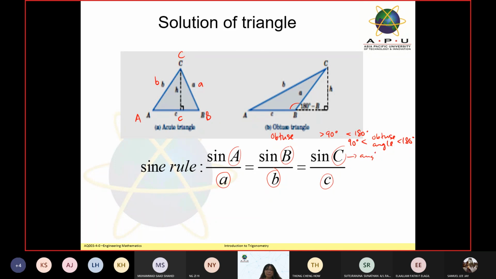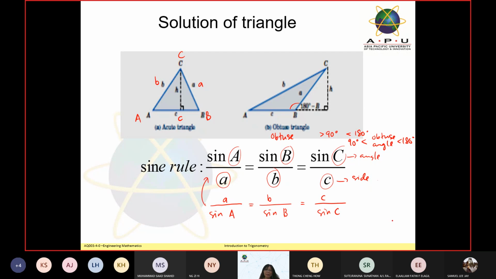For your information, instead of writing the sine at the top and the side at the bottom, we can also write the side at the top and the sine at the bottom. The rest you write the same way. Both can be used, because this one is actually the same as this.